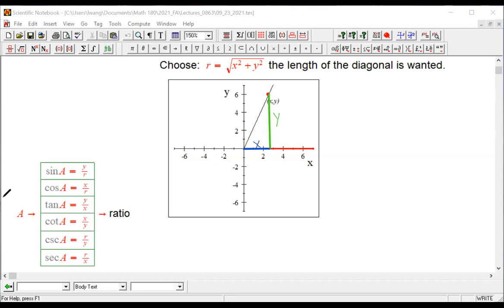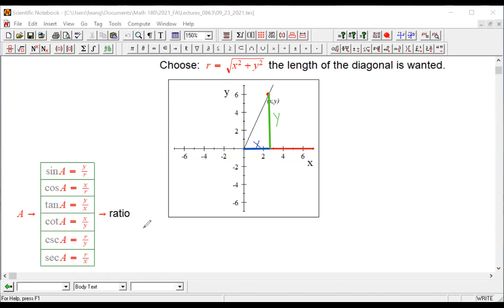I know that. And for each of those angles, there's a reference angle, right? And each rule gives me a ratio. So we have ratio number 1, 2, 3, 4, 5, 6. We have 6 ratios. So the outputs are ratios.